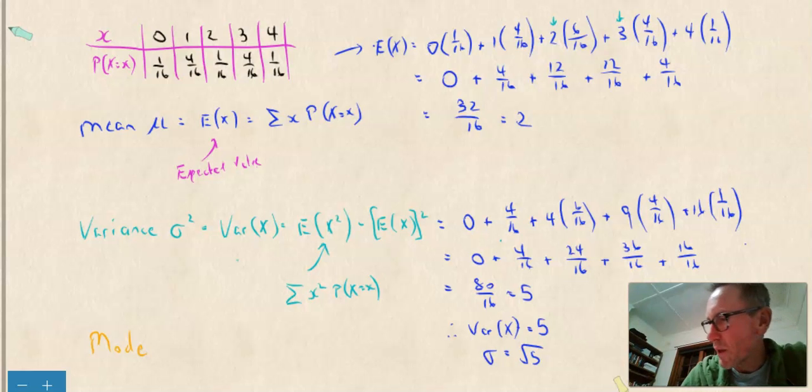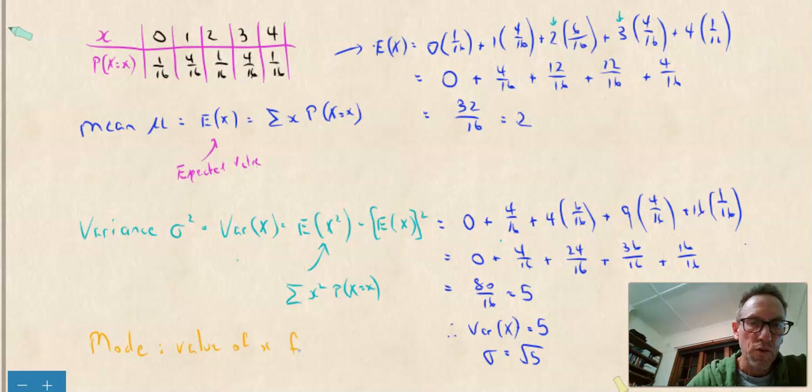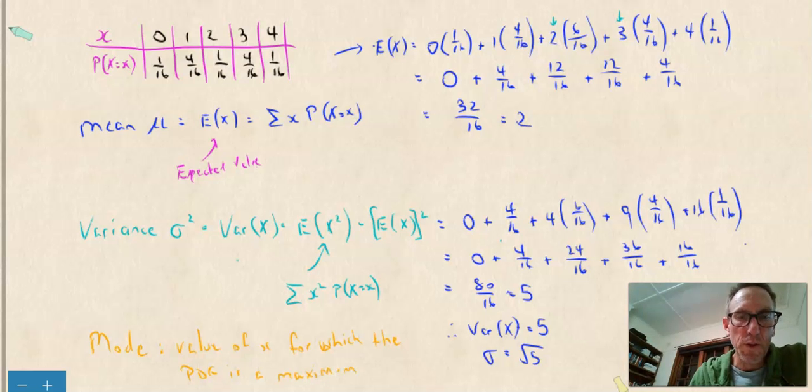Our mode is simply the value of x for which the probability distribution, the PDF, has a maximum.